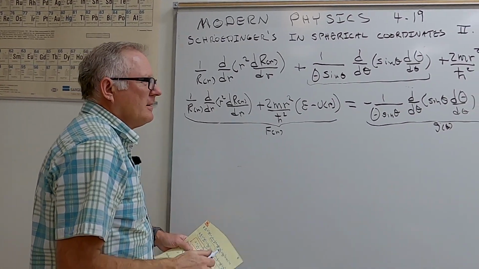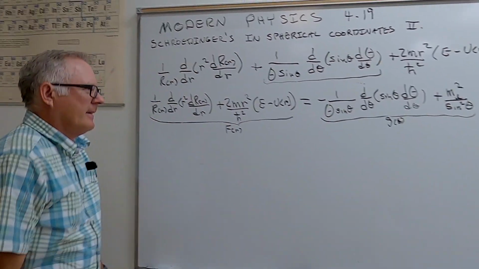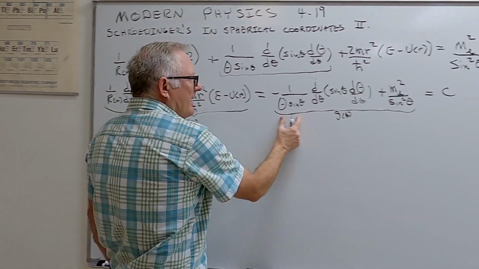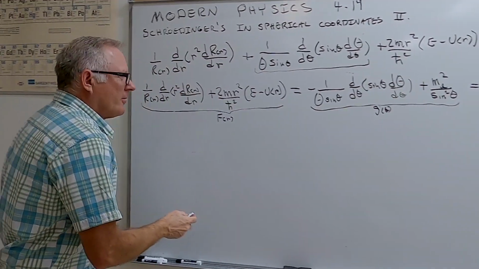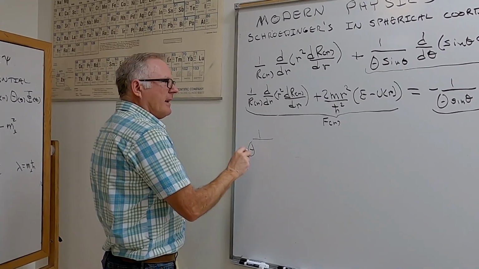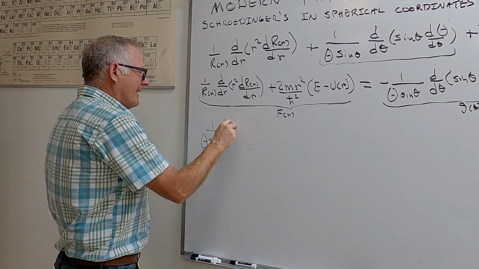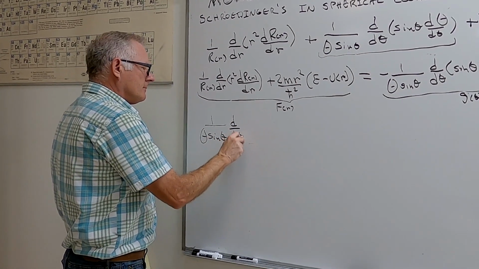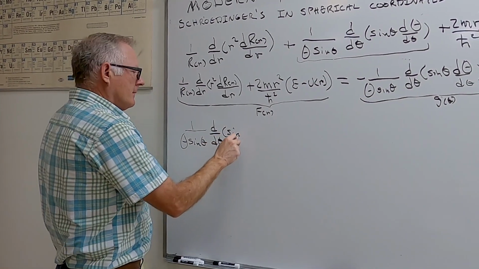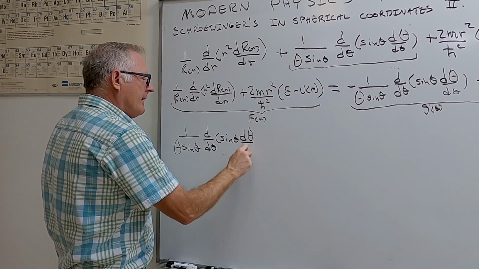Okay, and well, let's throw everything on that side right here. If I throw everything on that side, this term becomes a positive if I throw it over there. So we got 1 all over big theta sine theta, d d theta of sine theta d big theta d theta.